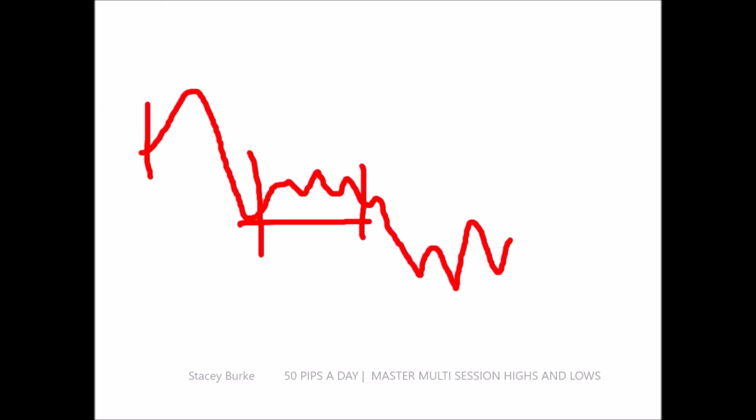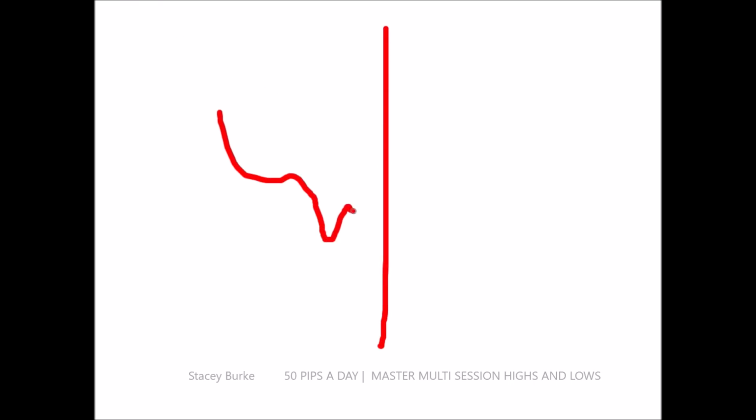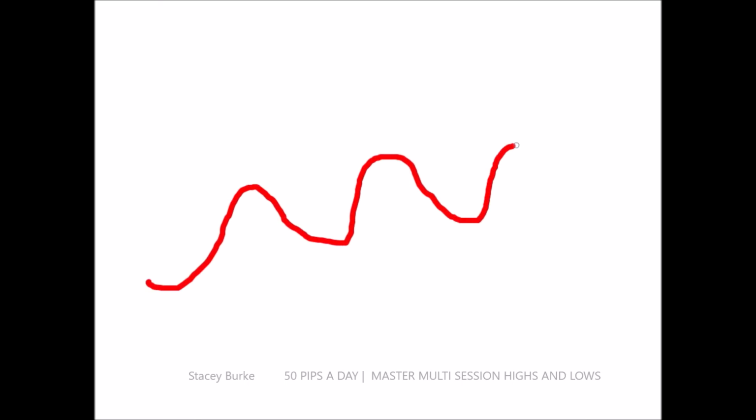Now, some of the confusion arises when we have the close of a day and traders immediately look at the next day and just want to identify that as the high and the low of the day. And that is partly correct, but the true high and the true low are not in place yet, which is why I talked about the basic template is day 1, day 2, day 3 for a move down.